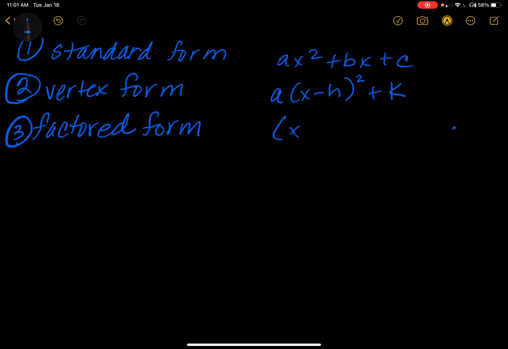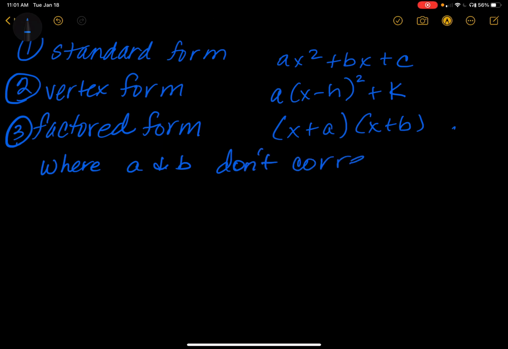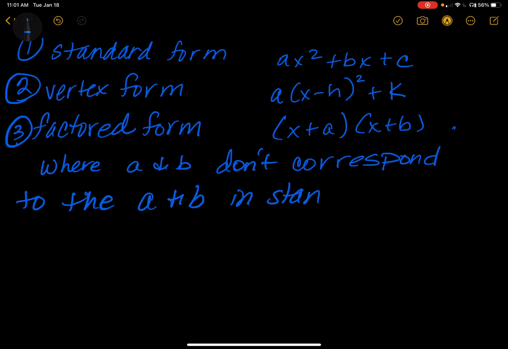So this would be x plus a times x plus b, where a and b do not correspond to the a and b in standard form. Very important. The a and b in standard form is not the same as the a and b in factored form.